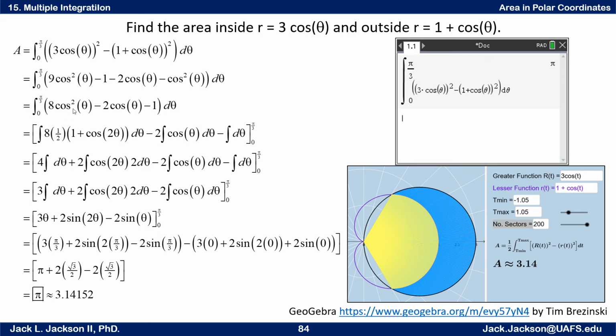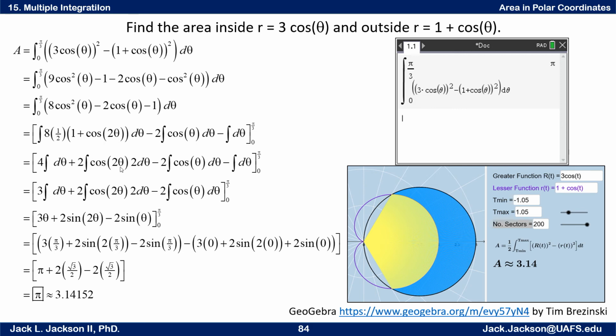The way that works is cosine squared theta is 1/2 times parentheses 1 plus cosine of 2 theta. You double that angle. Now let's see, 8 times a half is a 4. Distribute that. That gives us 4 d theta plus 4 cosine of 2 theta.